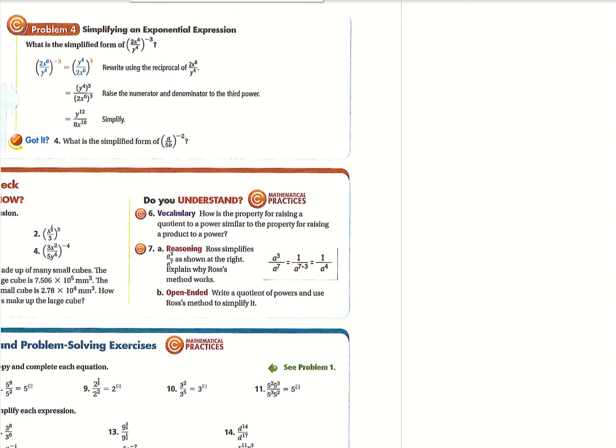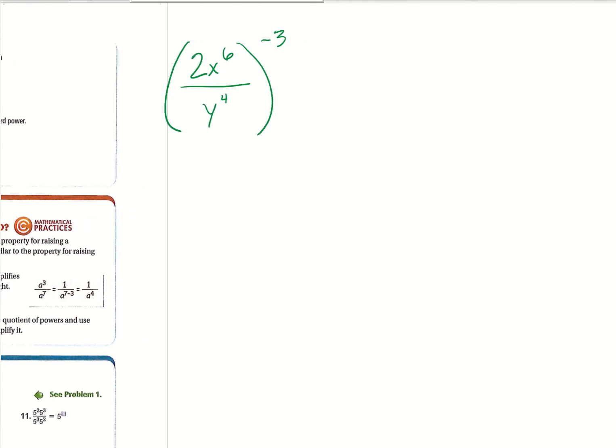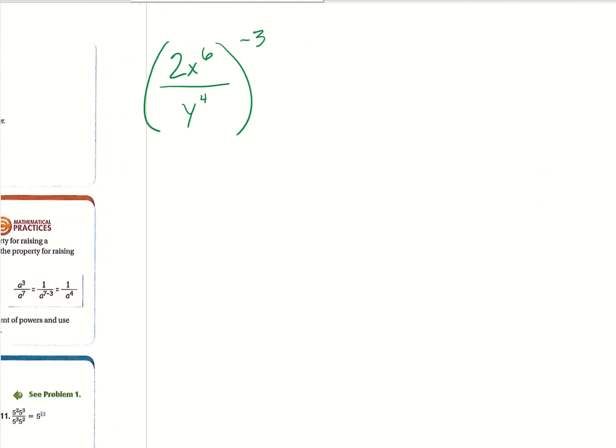For problem 4 we have 2x to the 6th over y to the 4th, and all of that is in parentheses because it's all raised to the -3rd power. Now this is where it's kind of interesting.